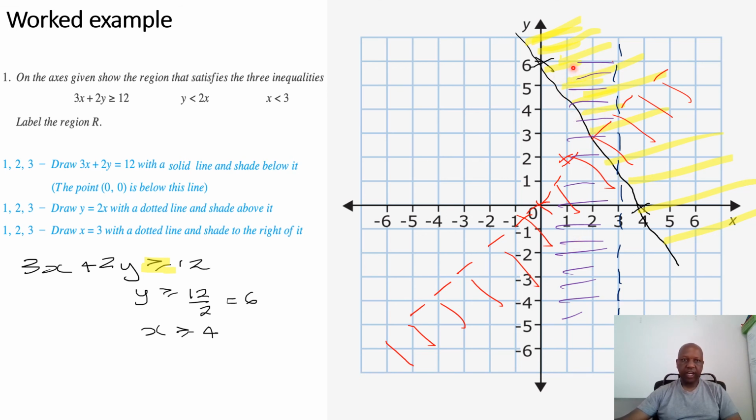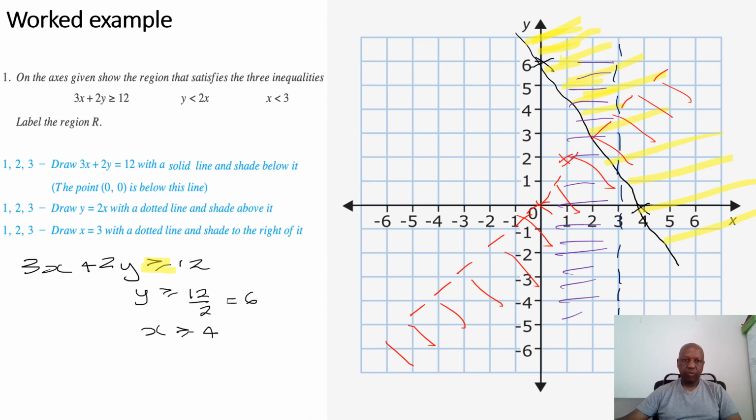We had 3x plus 2y is greater or equals to 12, which is that region there. We had y is less than 2x, which is that region there. So where all these regions overlap is that small triangular shaped region there.